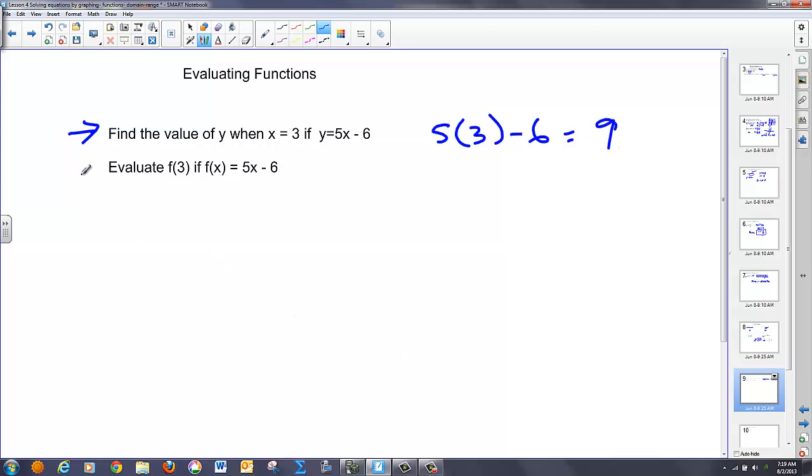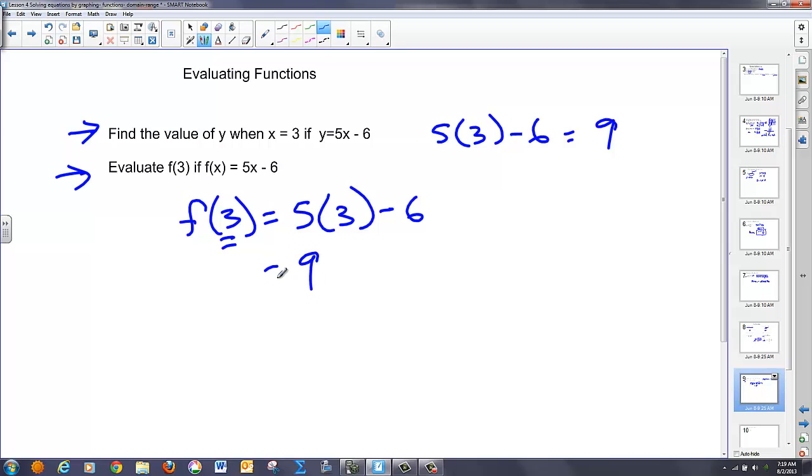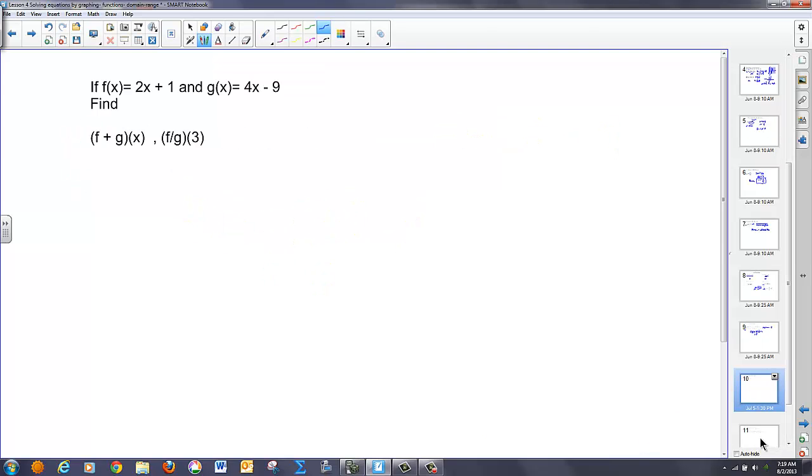The way we ask that same question in function notation is we say evaluate f of 3 if f of x is equal to 5x minus 6. And this is the same problem. f of 3 is the same as taking this value and substituting it for x. So I've got, once again, 5 times 3 minus 6, or 9. One's in function notation, one's not. Nothing to get worried about.